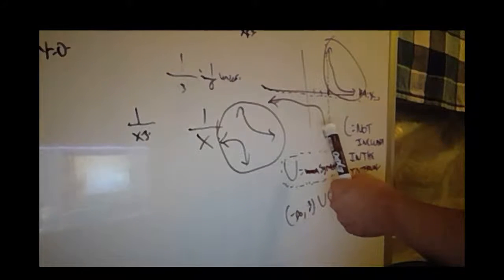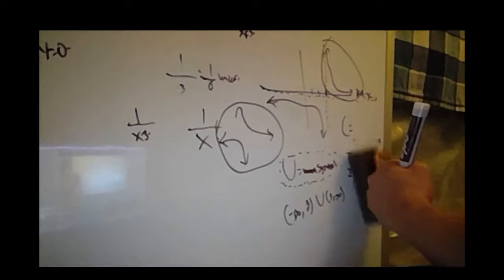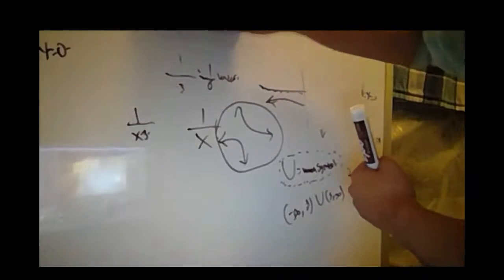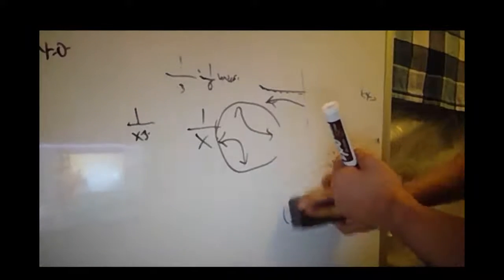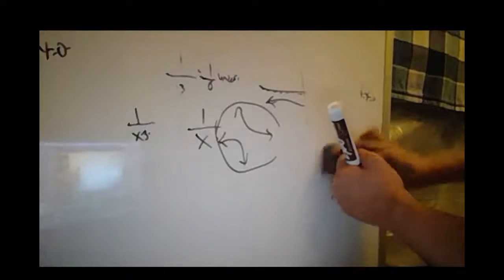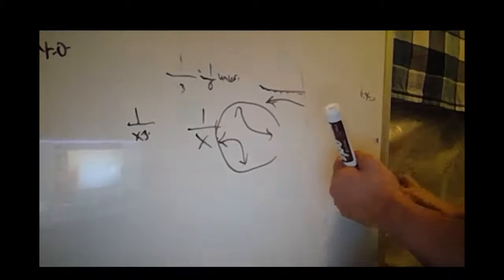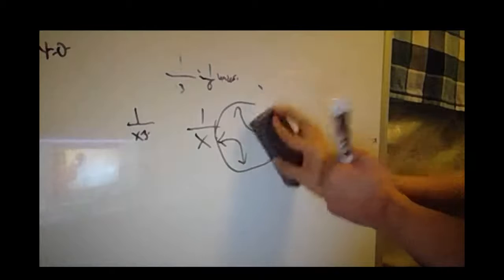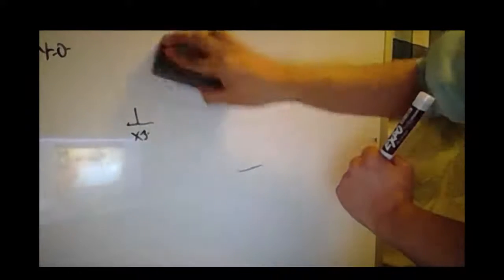So let's erase this. Now, let's just say that we do not have to graph the rational function, but it's still asking us what would be the domain of a rational function without looking at the graph.